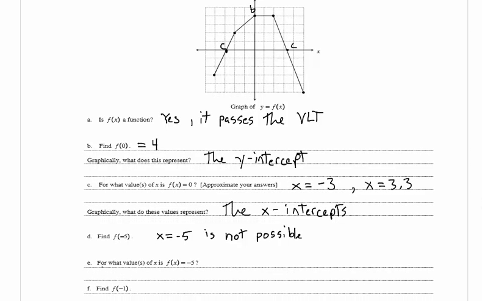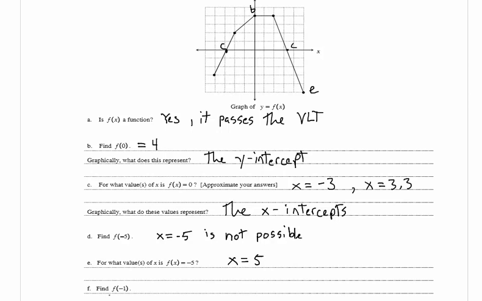For e, it says, for what value or values of x is f of x equal to -5? So if we were to go down 5 units, so 1, 2, 3, 4, 5, and then we look horizontally across y is equal to -5, we find that this point here is e, and x is equal to 1, 2, 3, 4, 5. X is equal to 5 when f of x is equal to -5.